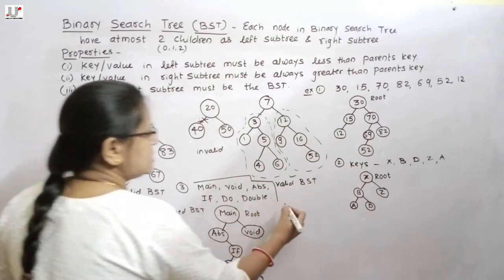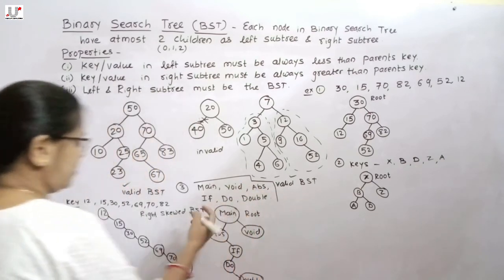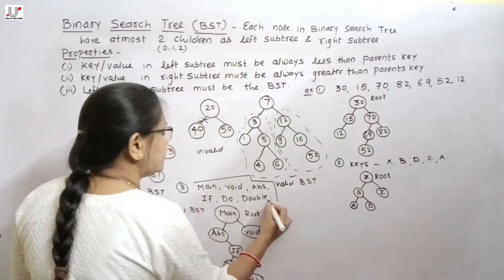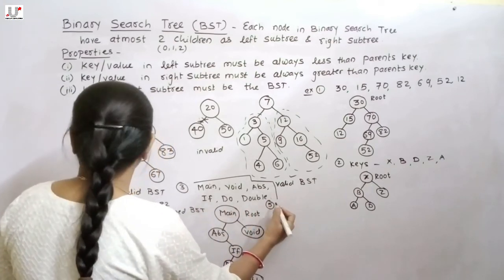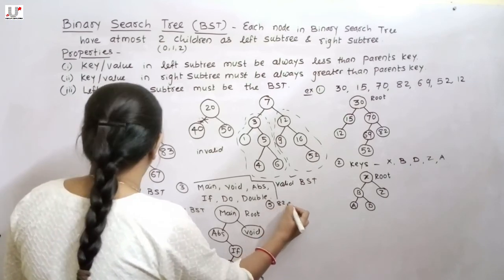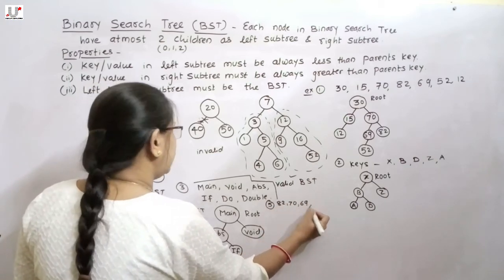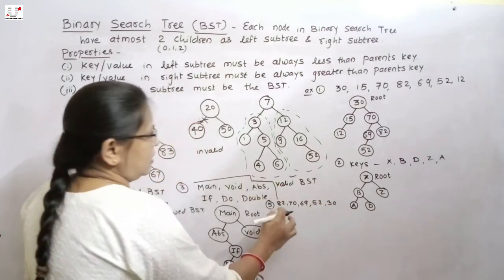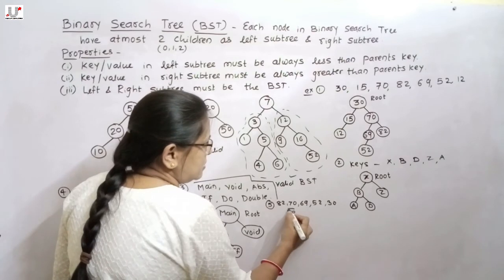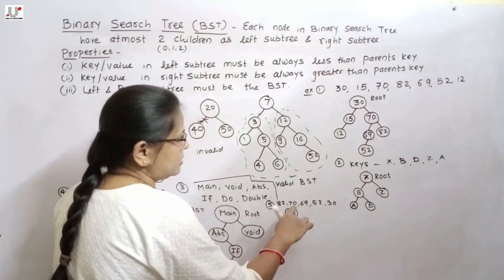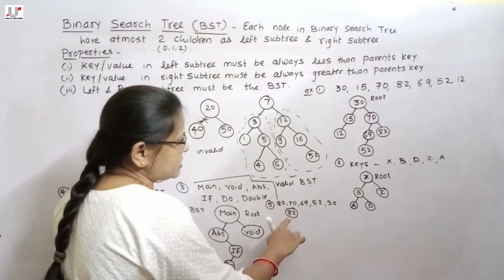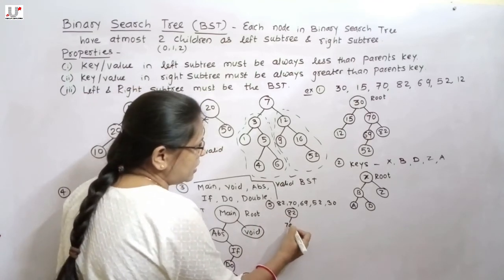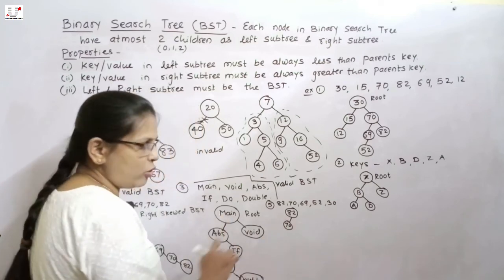Here again, these elements, now arrange these elements in descending order: 82, 70, 69, then 52 and 30. 82 is considered as the root node, then the next element is 70. It gets compared with 82, and as it is smaller than 82, move to left. 70 gets added as a left child of 82.